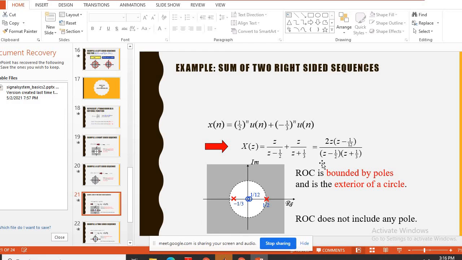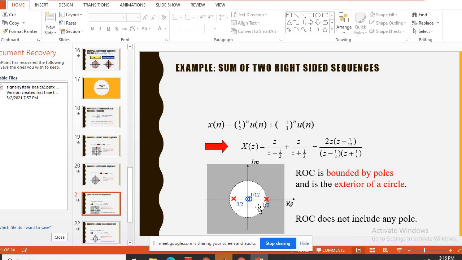So for this problem, Z equal to 0 and Z equal to 1 by 12 give you the zeros of this signal, and 1 by 2 and minus 1 by 3 are the two poles. One pole is positive, another pole is negative. On the axis the locations are shown randomly, that is 1 by 2 and minus 1 by 3.